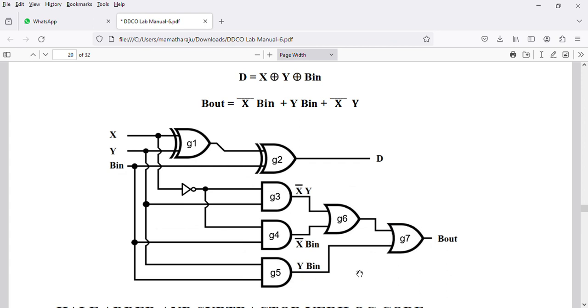The one more output, that is y b in, is taken as another input for gate 7, which gives us the b out equation, that is x bar b in plus y b in plus x bar y.